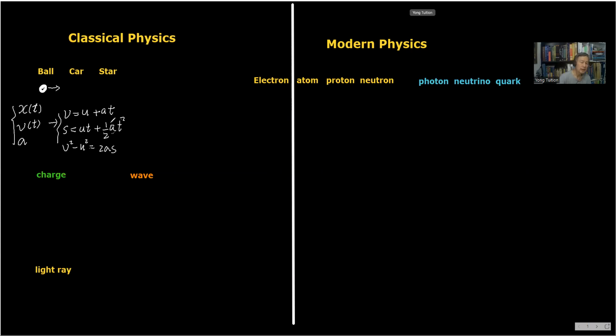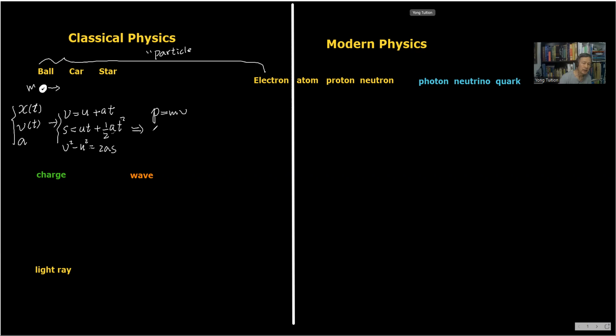When we describe something with mass, we call it a particle. A particle has mass, velocity, and also momentum. Do you remember momentum? Of course, momentum is a vector.